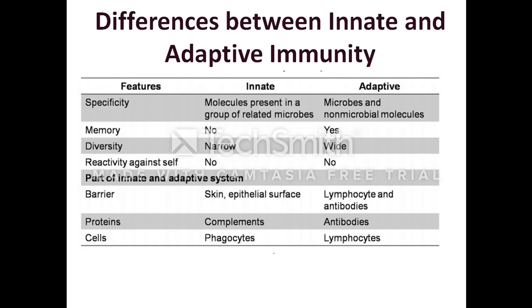If you consider memory, in the innate immune response there is no memory, but in adaptive immunity there is memory. Diversity in the innate immune response is very narrow, whereas in adaptive immunity it is wide, because the innate immune response cannot recognize the differences between microorganisms, but that is possible in the case of the adaptive immune response.